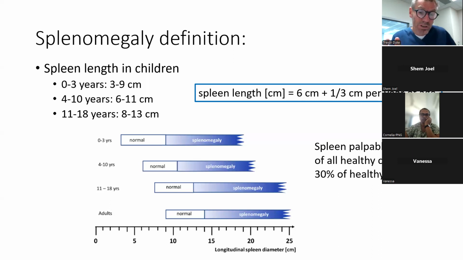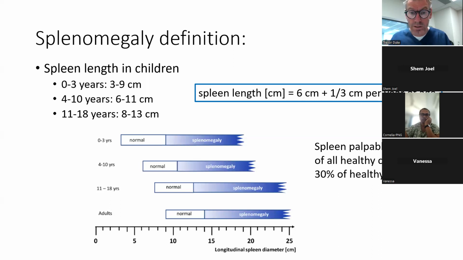And of course, that's not the spleen that's palpable below the left costal margin. That's the spleen size on its largest length, its largest diameter, usually measured on ultrasound. And so you can measure the spleen on ultrasound and then see if the spleen is larger than that: 6 centimeters plus 1/3 of a centimeter per year of age of the child. So a child who's 3 will have an upper limit of normal of 6 plus 3, so 9 centimeters.